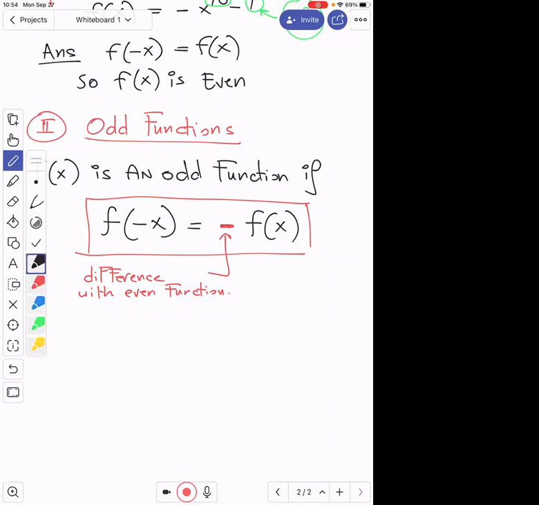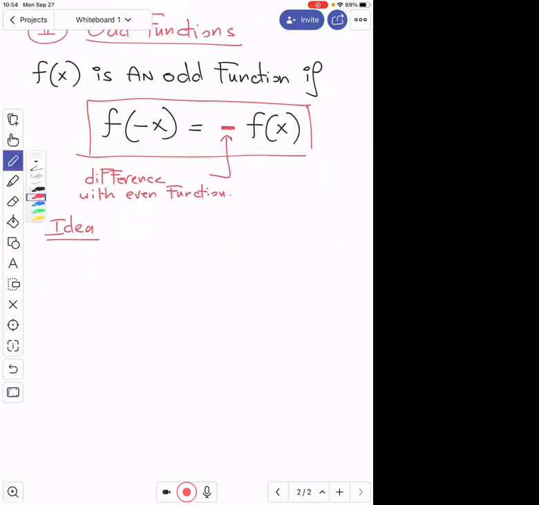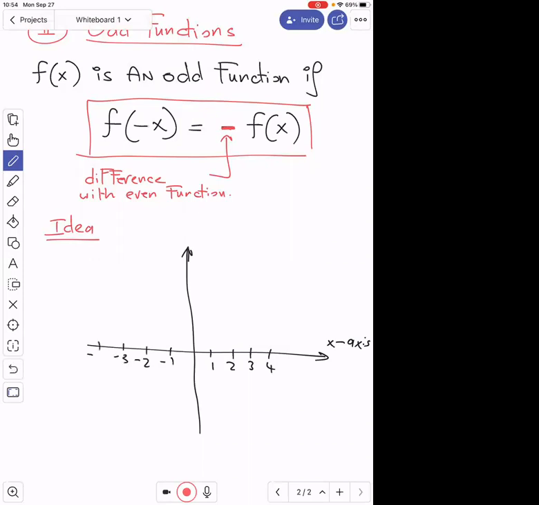Anyway, so now what's the idea? So let's see what it means for f of minus x to be equal to minus f of x. So let's take the graph. Again, here's my x-axis. Let's say 1, 2, 3, 4, -1, -2, -3, -4.